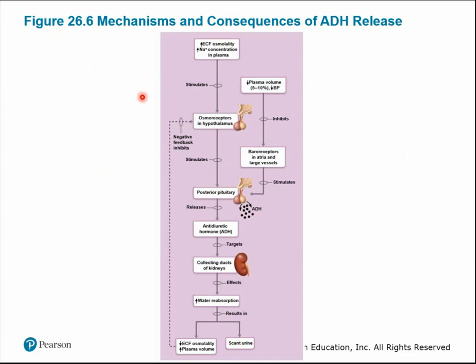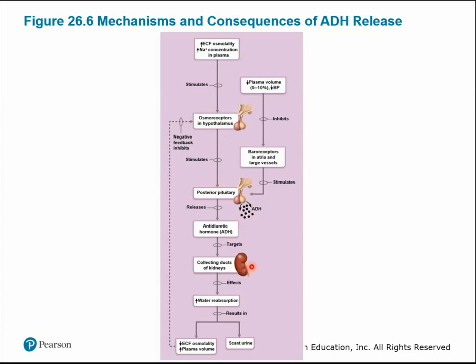So this is showing the pathway of ADH production. If we have an increase in concentration of our extracellular fluid, we can trigger those osmoreceptors, right? They're detecting that it's too high. We have too many solutes in our fluid. That's going to stimulate release of antidiuretic hormone, which targets the kidneys.